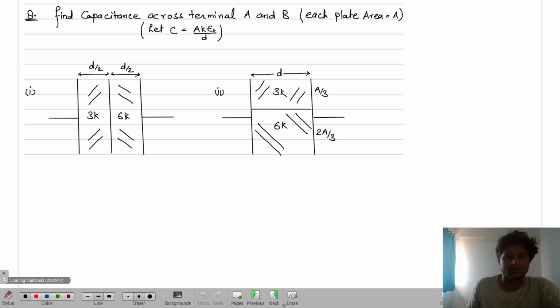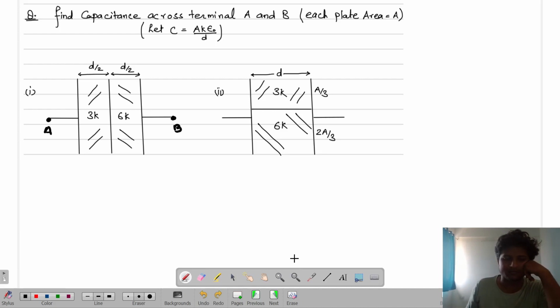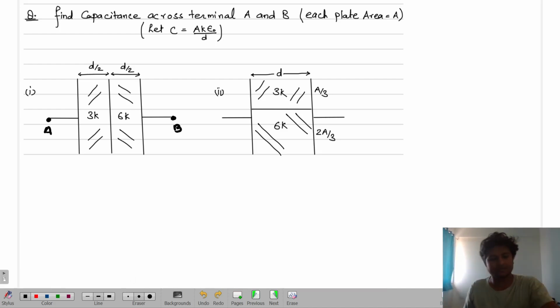Okay, so let us do some problems, then we'll move ahead. So first question, let's see what it is saying. Find the capacitance across terminals A and B. This is A and this is B. The area of each plate is A. So I have to find the capacitance only. Let me take this first question at a good pace.